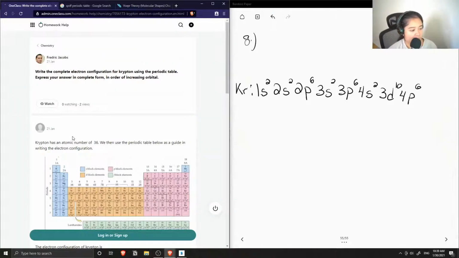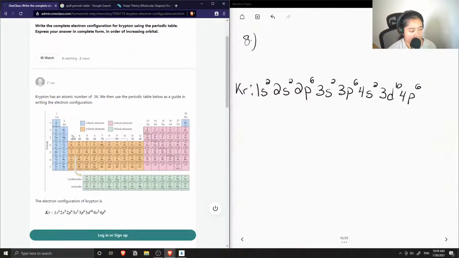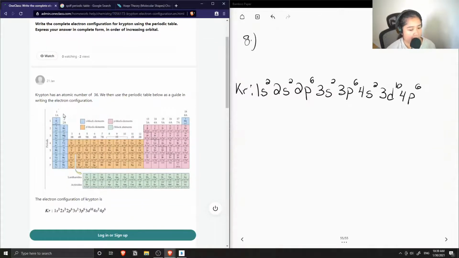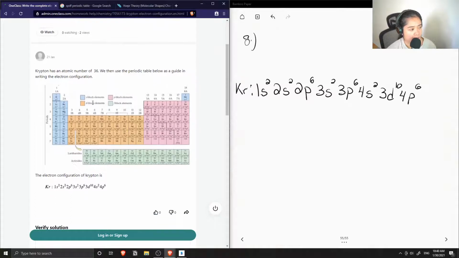Now if we see what the junior tutor said, they said that krypton has an atomic number of 36. We then use the periodic table below as a guide in writing the electron configuration.